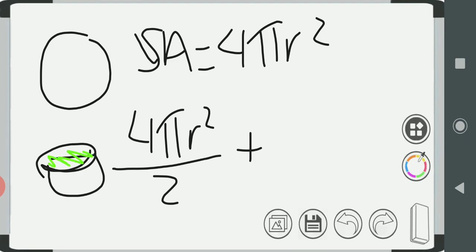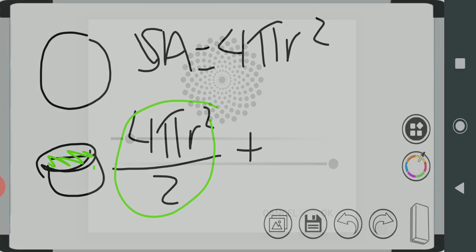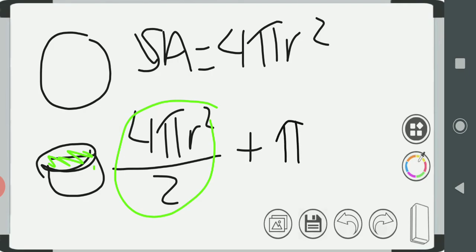So we have half the sphere, and then we have to do that circle, which is, back to black, pi r squared. So if you end up with half a sphere, because we have some of these in our workbook, it's a whole extra step, right? So that's how we do those.